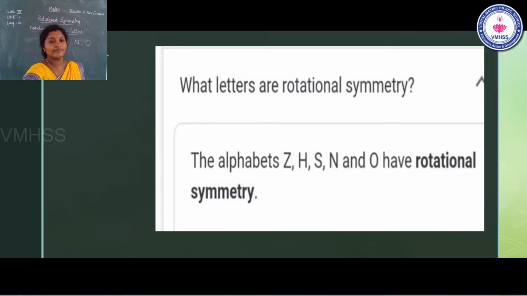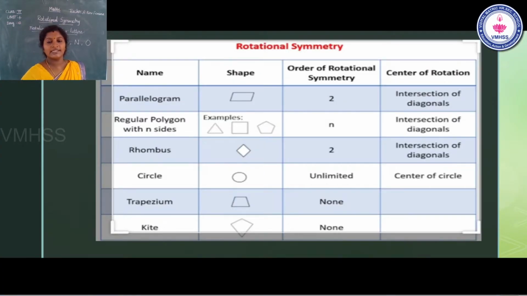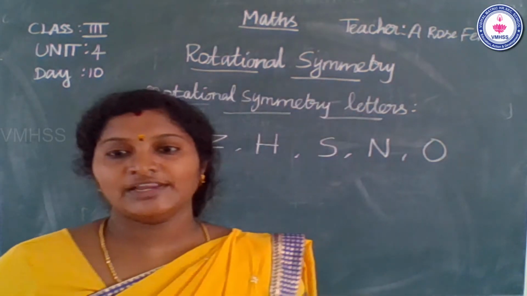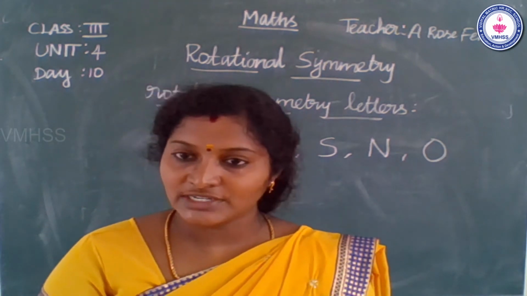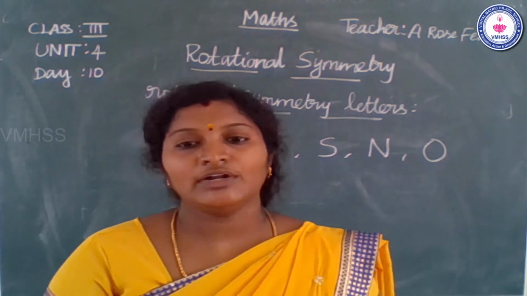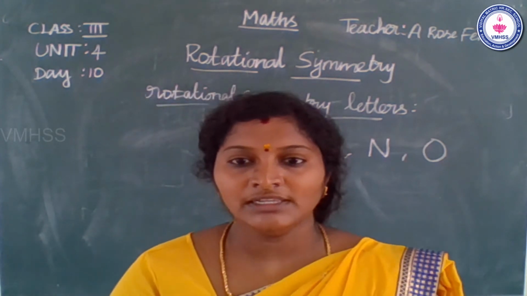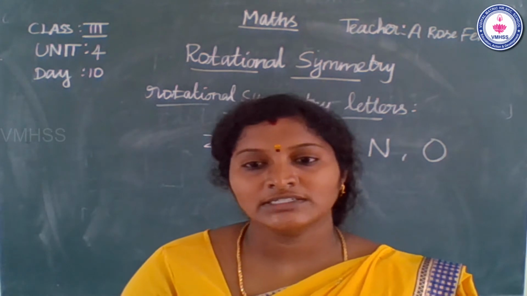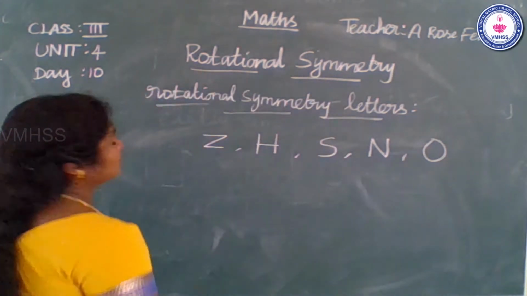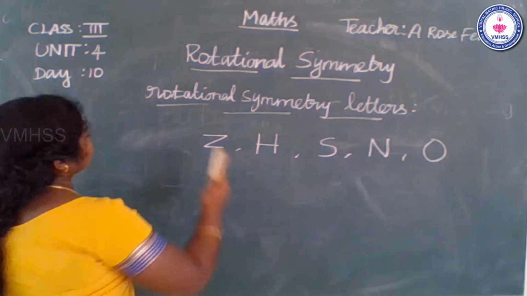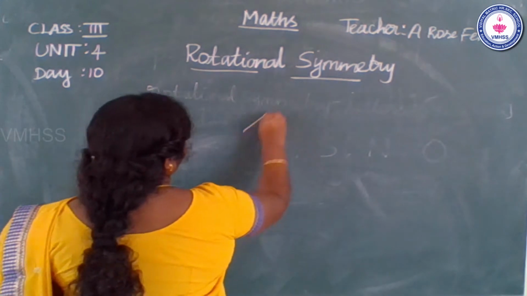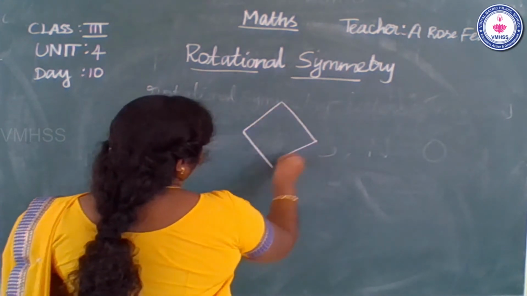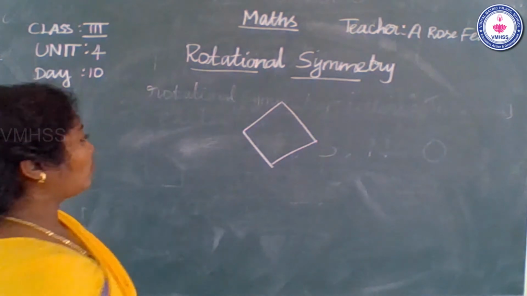See the next slide. Rotational symmetry. For example, name, shape, order of rotational symmetry and center of rotation. For example, a rhombus. You know the rhombus shape? See the board. This is a rhombus.